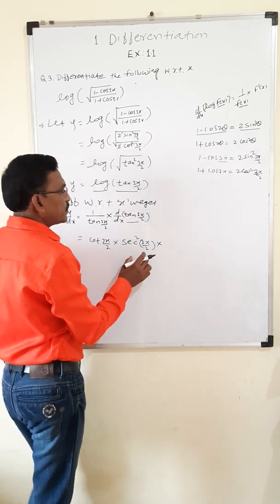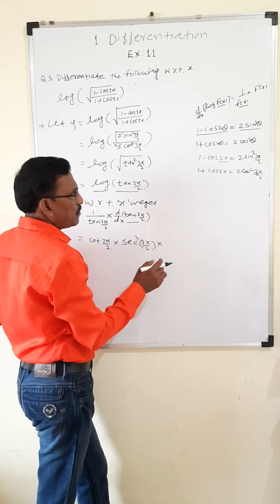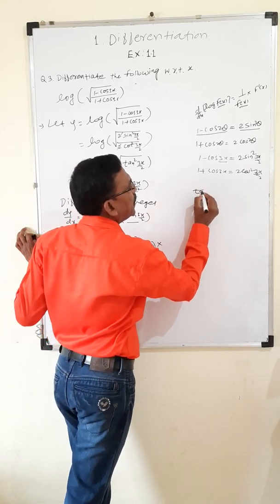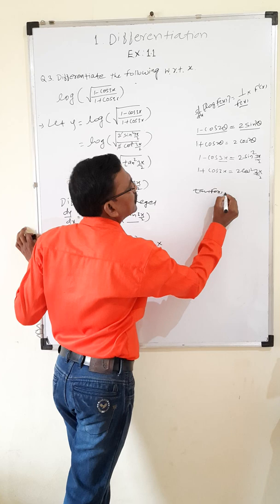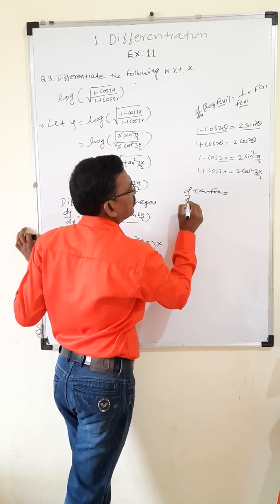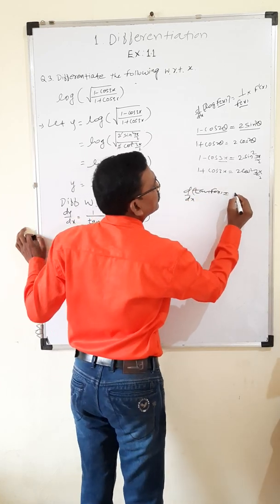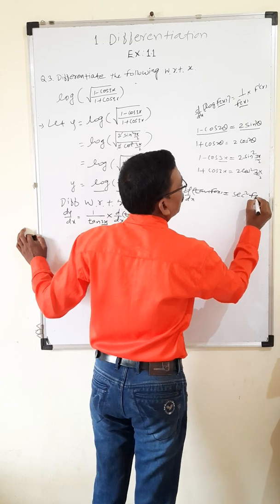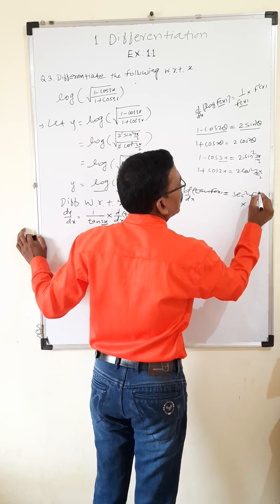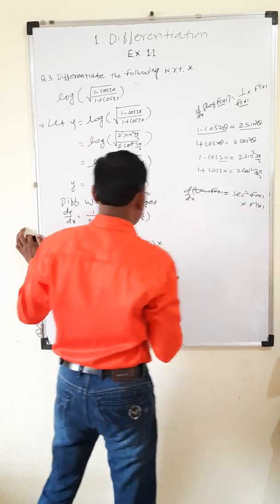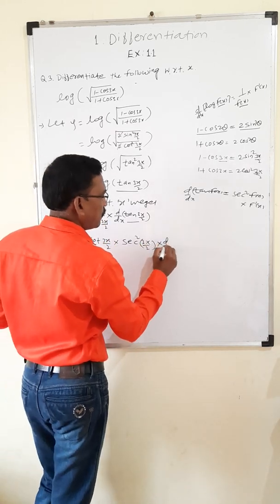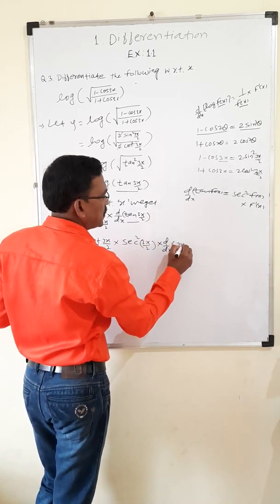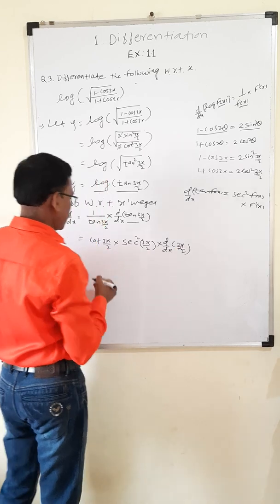So the derivative of tan f of x is sec square f of x into the derivative of that function f of x. Same way, here the derivative of 3x by 2.